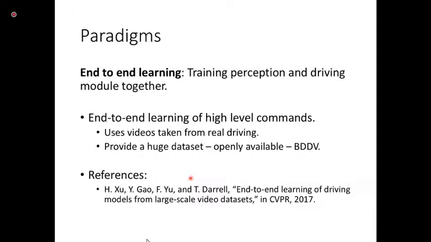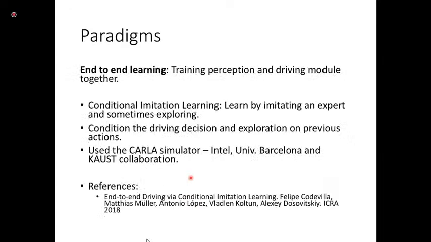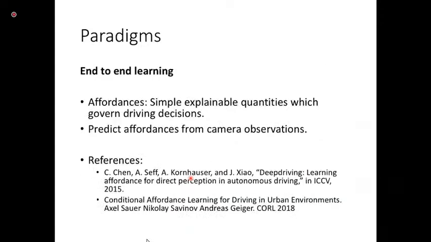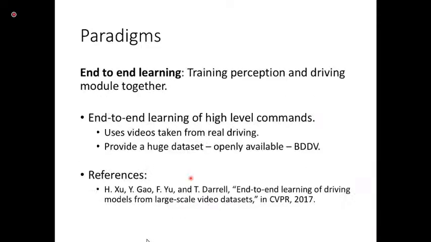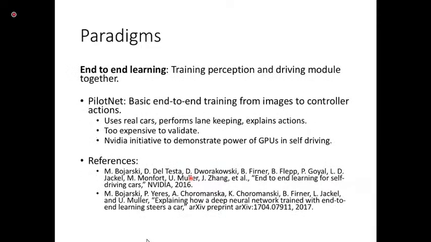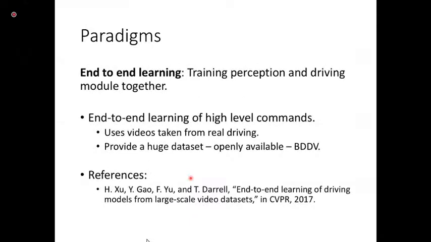End-to-end learning is something people have done a lot. Here I want to mention something. I'm calling this end-to-end learning because it is an end-to-end learning framework, but this class of methods is called affordance learning.